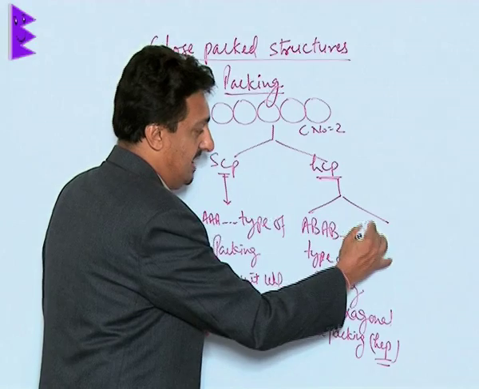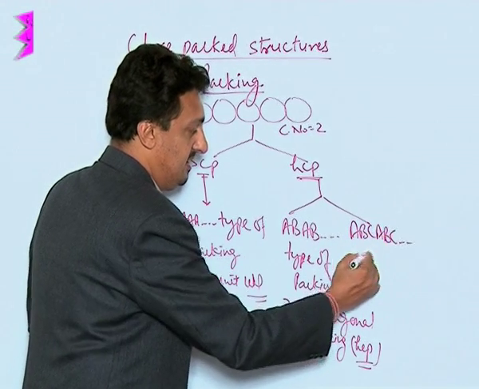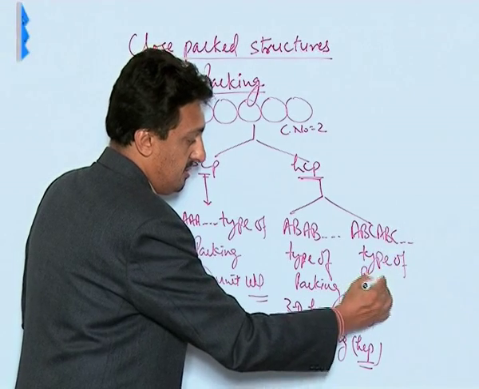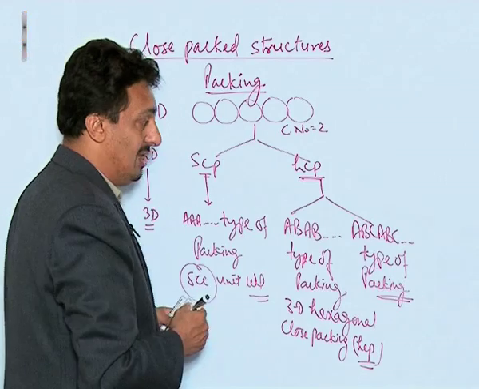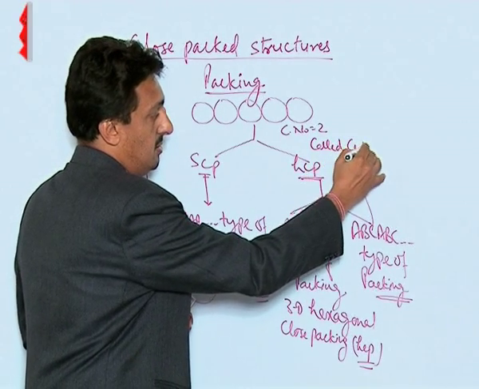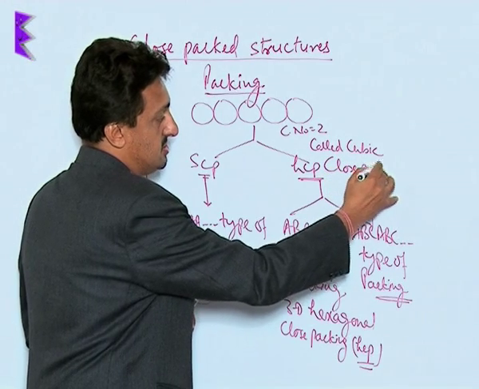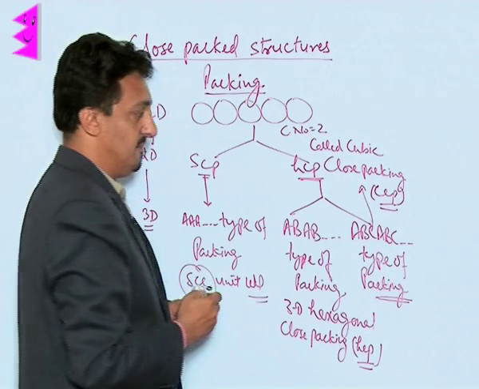And we know the other type, it was ABC type of packing, which is also called cubic close packing, CCP.